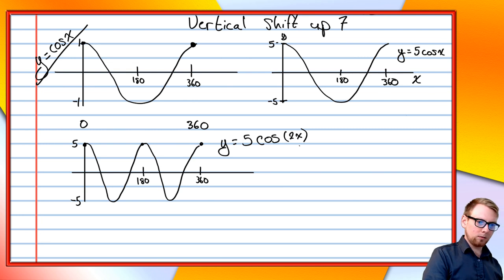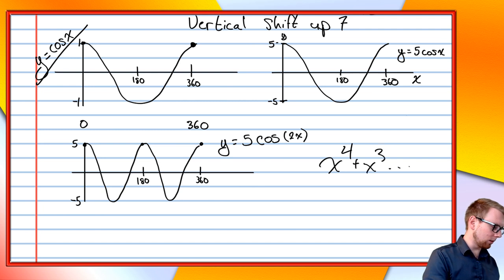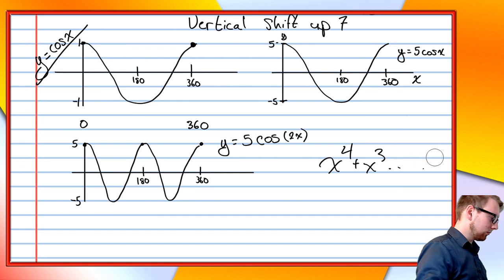This is still a trig function. It hasn't changed. There's the polynomial functions, where we have like x to the 4th plus x cubed, etc. Polynomials. But this is still just a regular trig function.